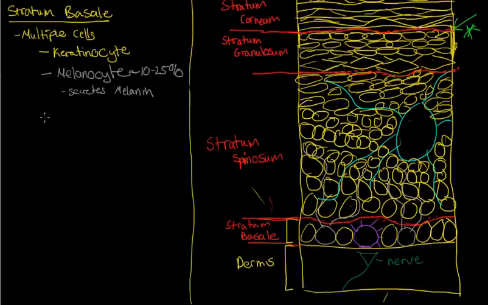The next one is Merkel cells, which I've drawn in purple. These are innervated cells.